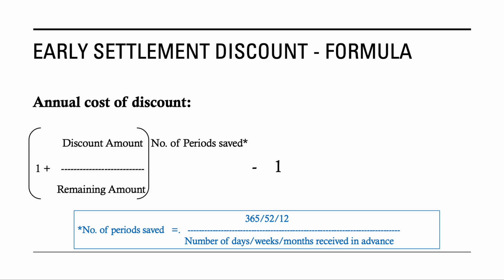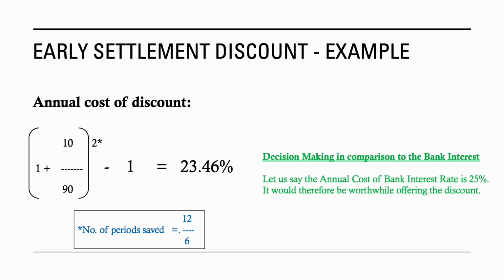The early settlement discount formula is 1 plus the discount amount divided by the remaining amount to the power of number of periods saved. The number of periods which is saved is equal to the total number of days divided by the number of days received in advance. So there's a very simple example here.